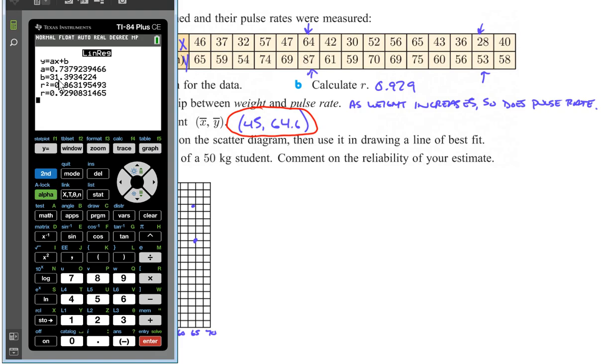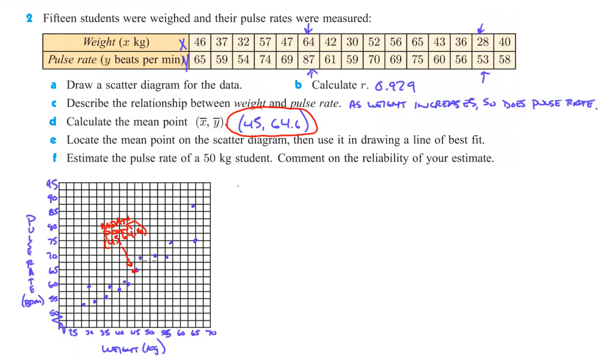And the B right here, that's the y-intercept. So you know what I would do? I'm going to use this y-intercept, 31.4. We don't really have a 31.4 on this axis, it starts at 50, so the 31.4 is going to be way down here. That's not going to be super helpful, so we're just going to have to sketch one in here.